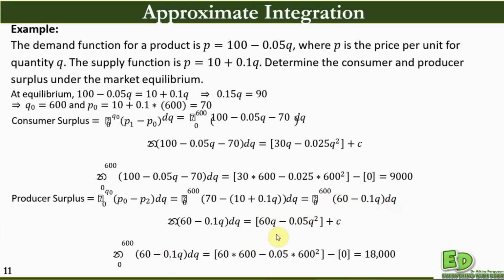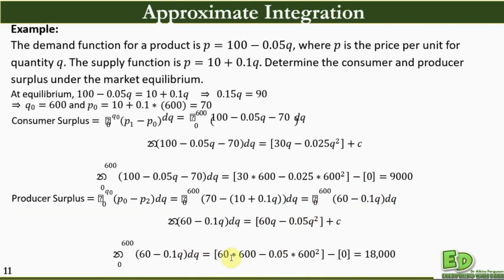After integrating, just put in the values of the upper limit and the lower limit. Put the upper first into the integral function you have here, minus the lower 0 in place of Q, then you subtract the two values.